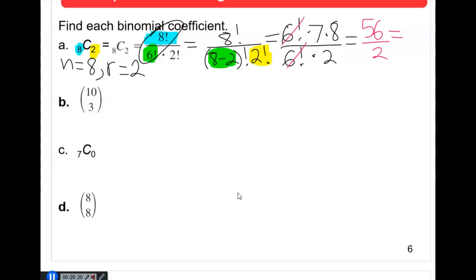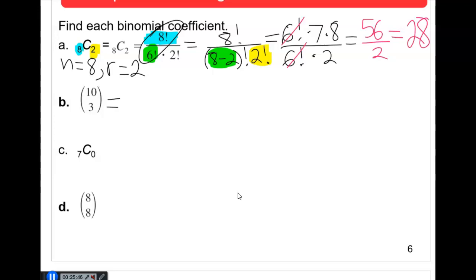So 56 divided by 2 will be 28. Yes, 28, and so that will be the answer. If we turn this into a question, in how many ways could you choose 2 items out of 8? It will be in 28 different ways.